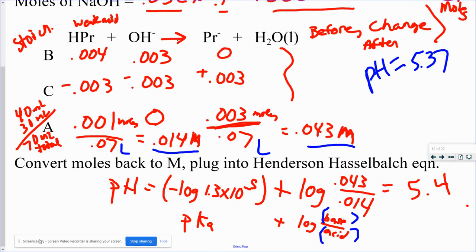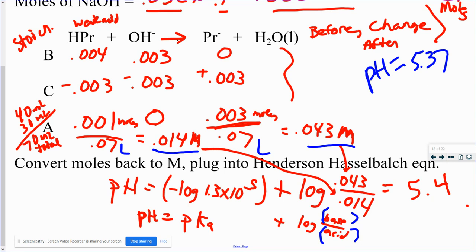Okay, so the Henderson-Hasselbalch, pH equals pKa plus the log of the base over the acid. So minus the log of the Ka is the pKa, and then the conjugate base goes on top, concentration, and the conjugate acid concentration goes on the bottom.